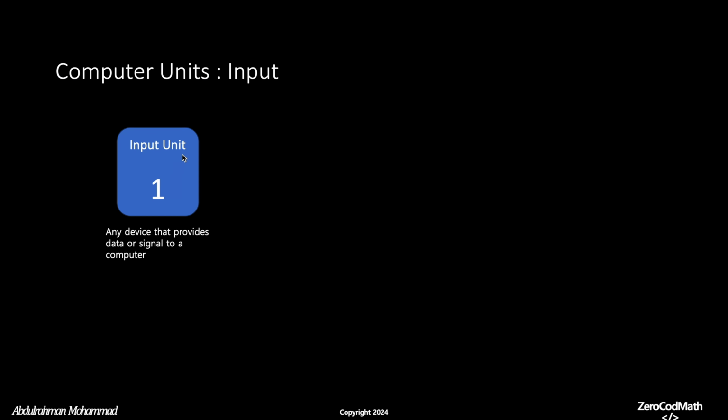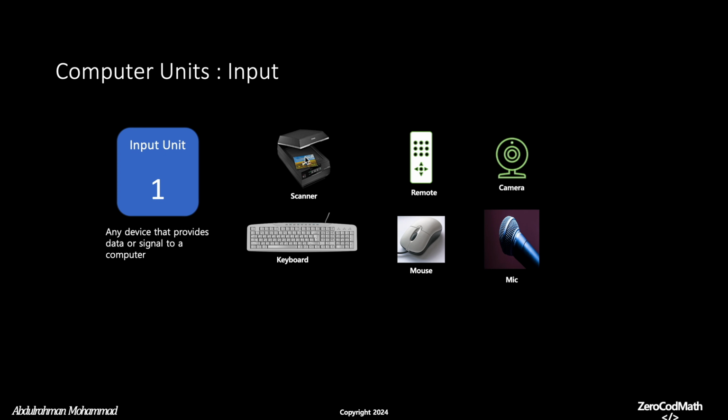First of all, input unit. It is any device that provides data or signal to a computer, like scanner, remote, camera, or a mouse, or a keyboard. When you type something, you give instructions or you provide signals to the computer.